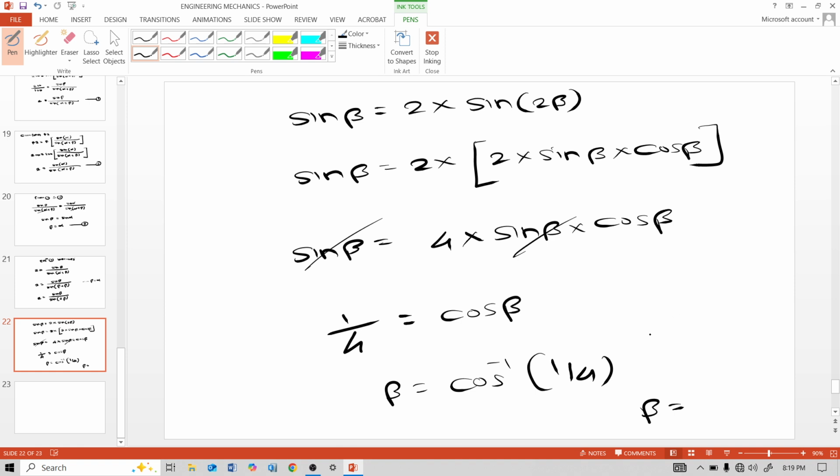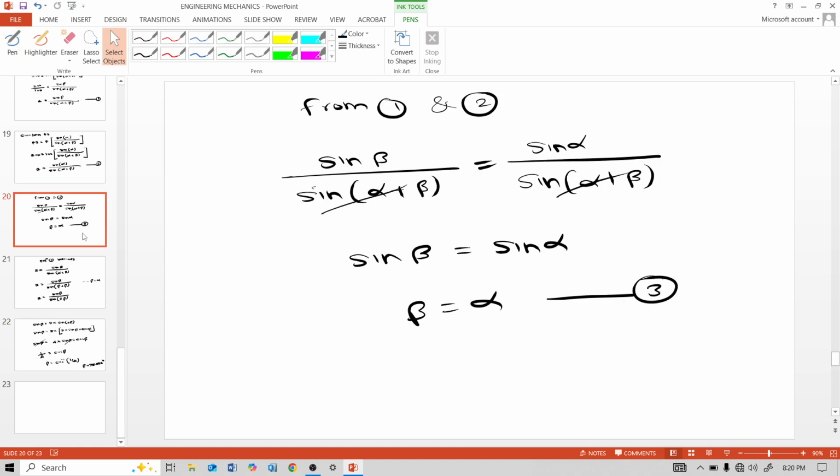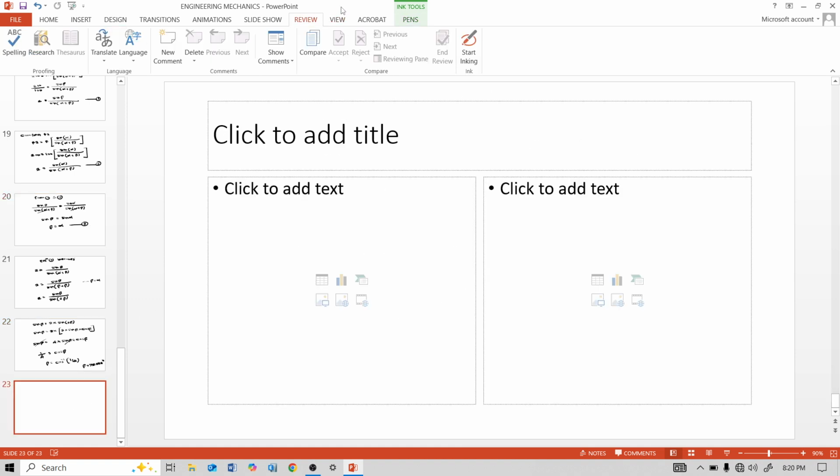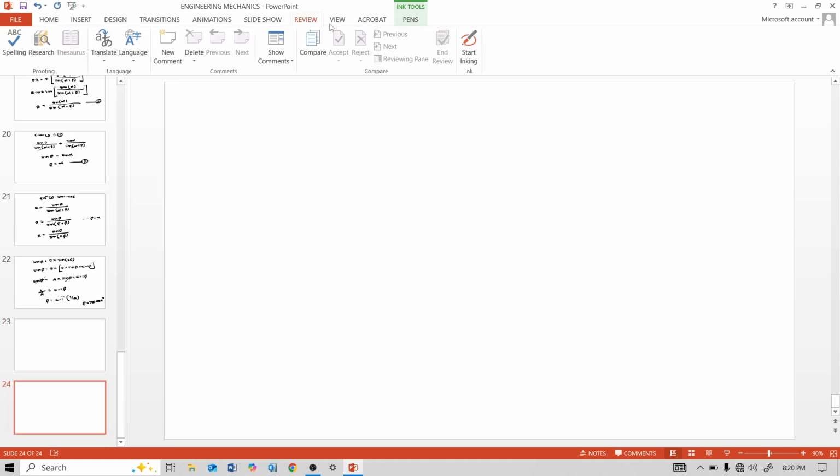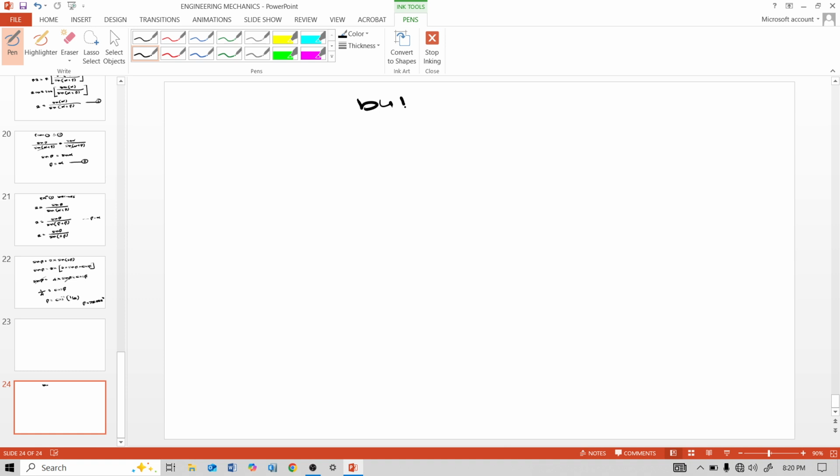So your beta is 75.522 degree, and see equation 3, beta is equal to alpha, so alpha is also 75.522 degree.